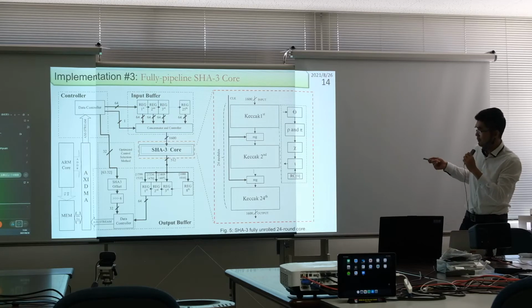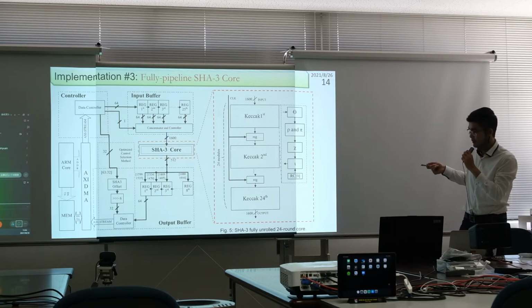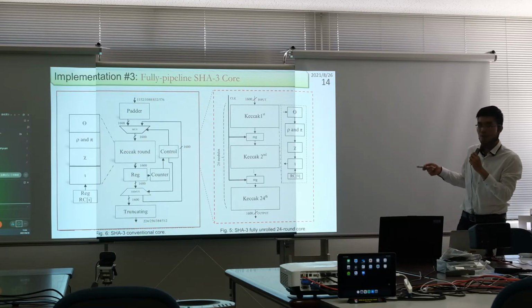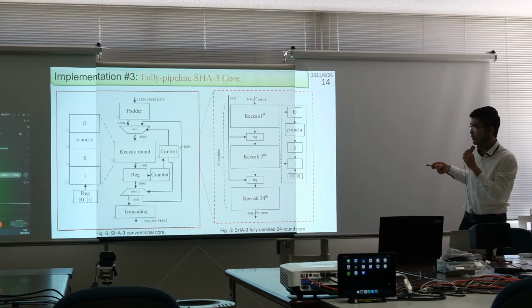This is the implementation of my architecture. Compared with the conventional design, which needs to loop 24 times, I push in 24 modules directly here to make this faster and get more throughput.